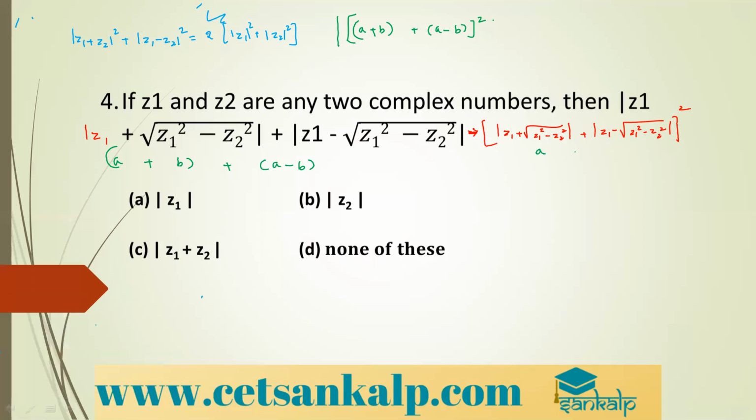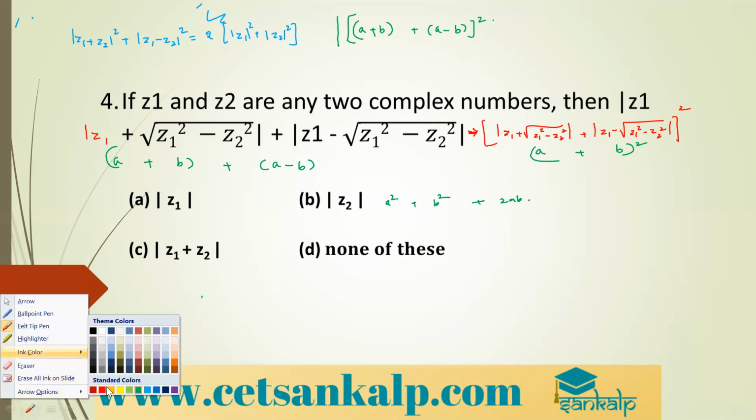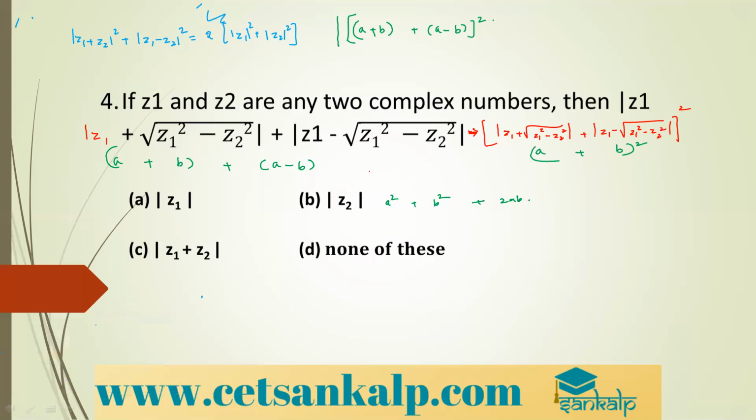It is A plus B whole square. So I will have A square, I will have B square, I will have 2AB. So that I will write one by one slowly. First I will write A. This is my A, which I am squaring.